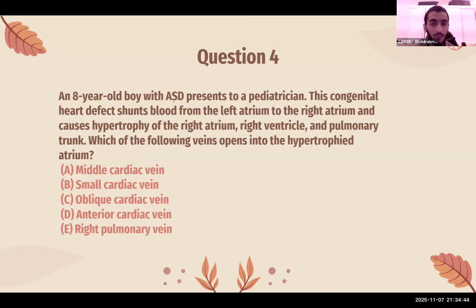Okay, so a patient with an atrial septal defect has hypertrophy of the pulmonary trunk. The question is asking about hypertrophied right atria. Which of the following opens into the hypertrophied right atria?